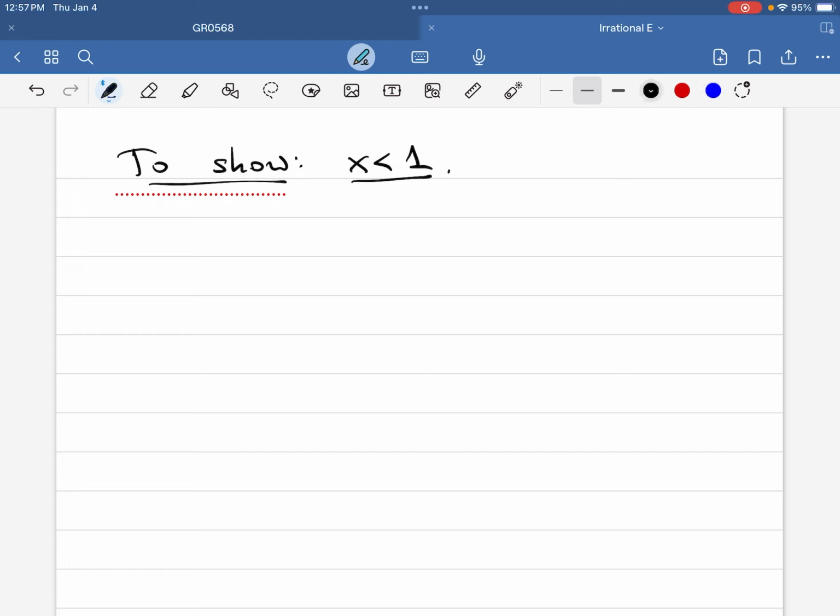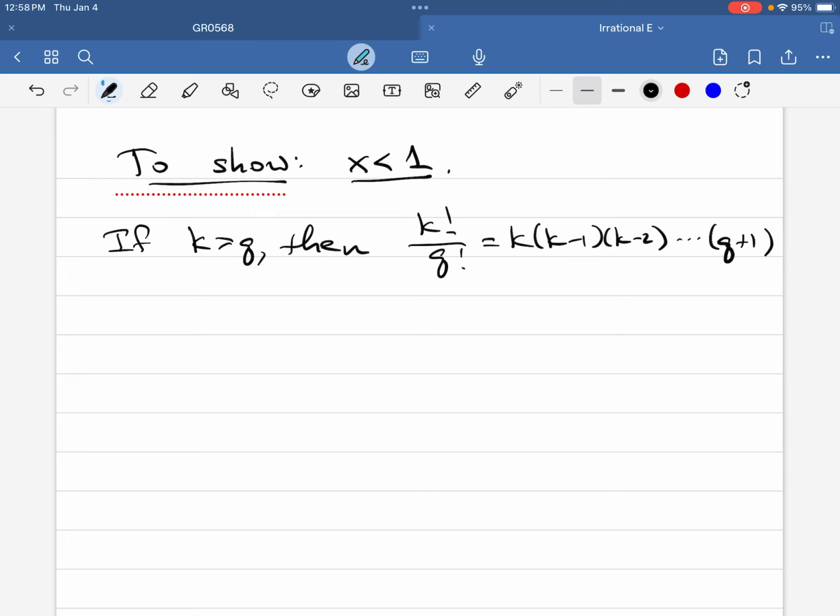Now we want to show that x is less than 1. So let's do a side calculation at first. If k is bigger than q, then k factorial over q factorial is k times k minus 1 times k minus 2 and so on down to q plus 1. So it's just a product of terms. And now let's ask how many such terms are there? Well, there's k minus q such terms.